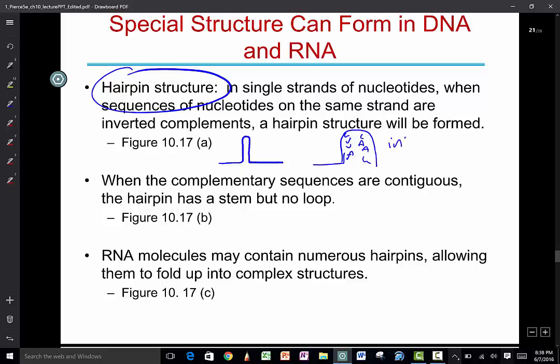So what we have is intramolecular hydrogen bonding, within the same molecule, or base pairing. Base pairing means the different bases are hydrogen bonding together.